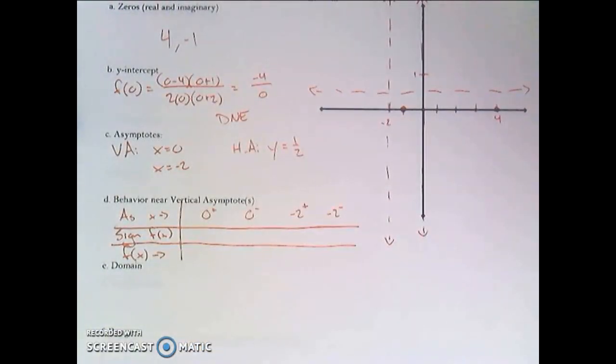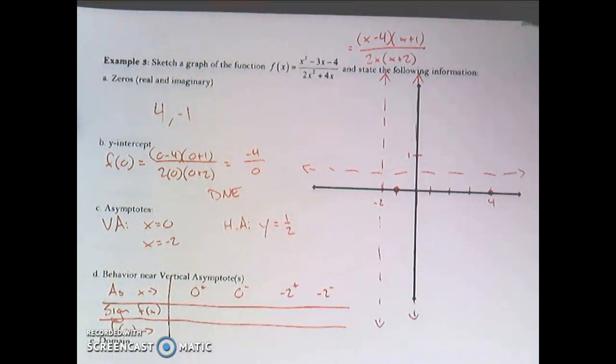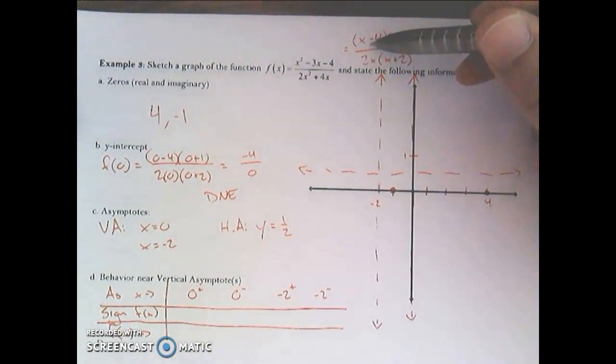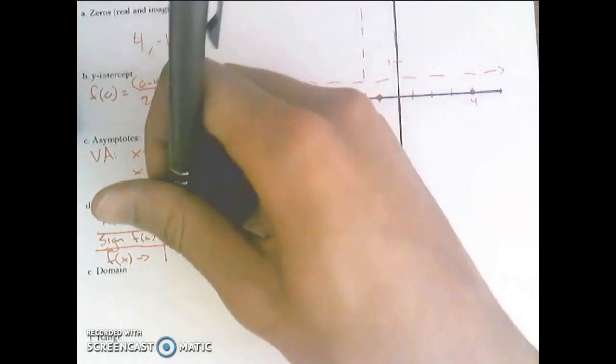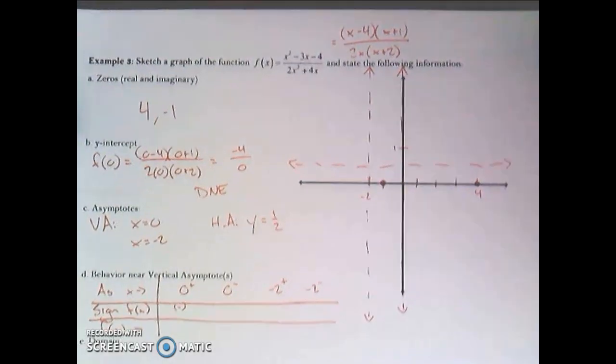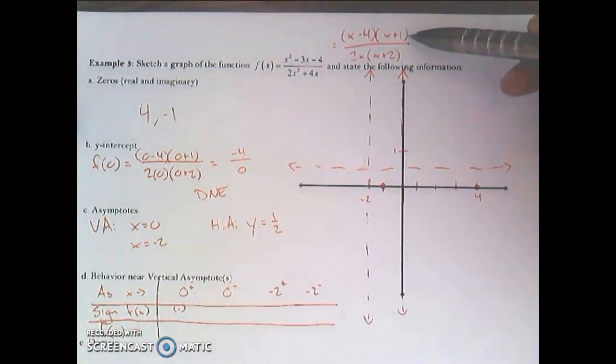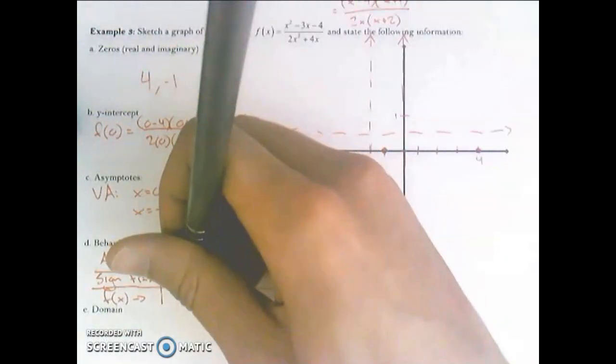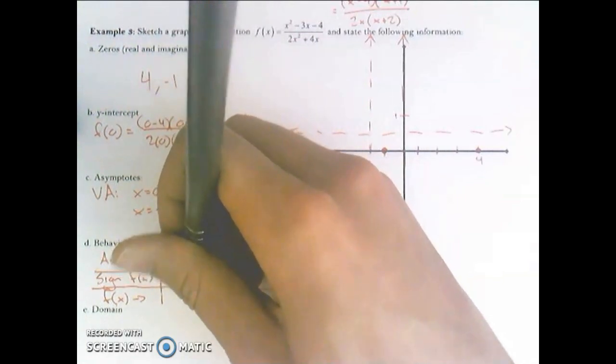So let's take a look at where x is approaching 0 from the positive side. So you can plug in 0 here. We have 0 minus 4. That's a negative quantity. We have x plus 1. That's going to be a positive quantity as we approach 0 from the positive side.